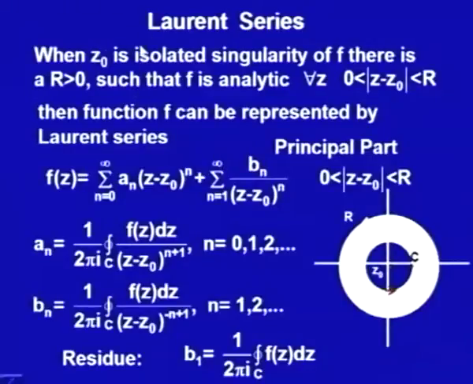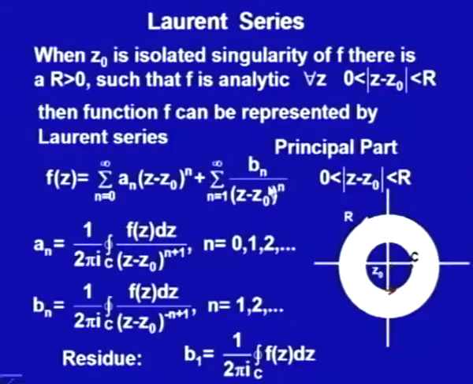Now, what have we come up with? We have come up with isolated singularities. We have shown that when we have an isolated singularity, the function can be represented in the form of a Laurent series. In the Laurent series we have two parts. One is the power series part, and the other part has in the denominator the powers of z minus z naught.